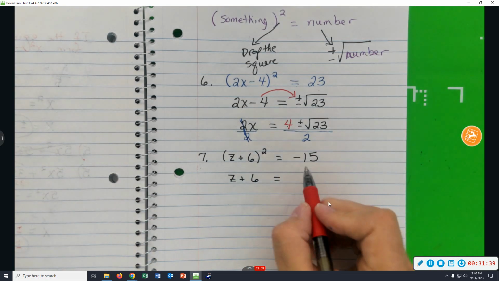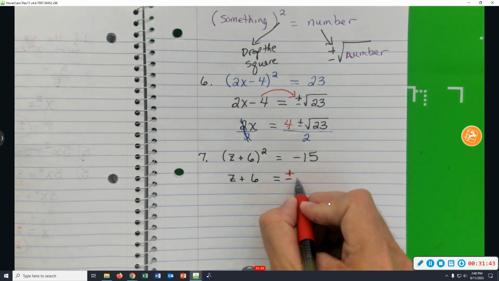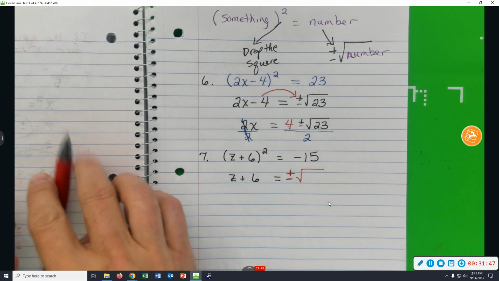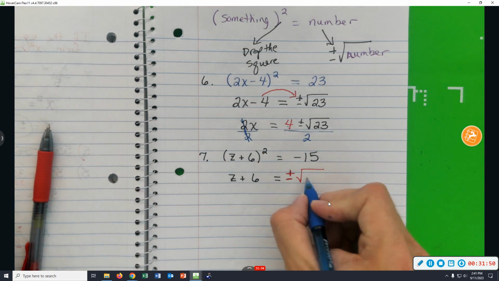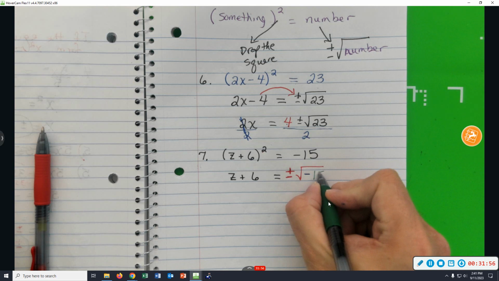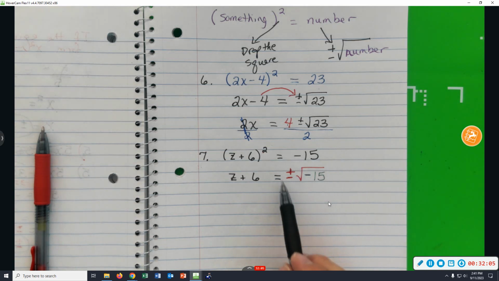equals, okay, we have positive, negative, square root of negative 15. I'm using the colors here because there's a little bit of simplifying we have to do here on this square root.